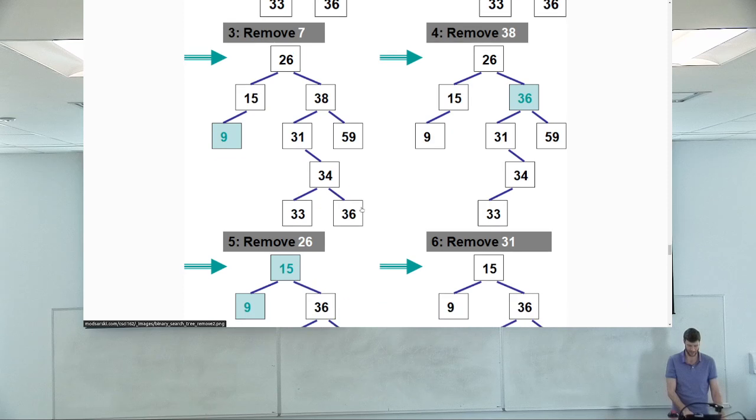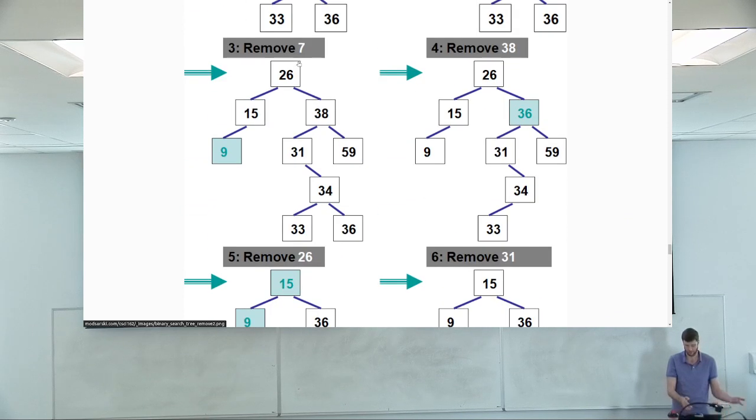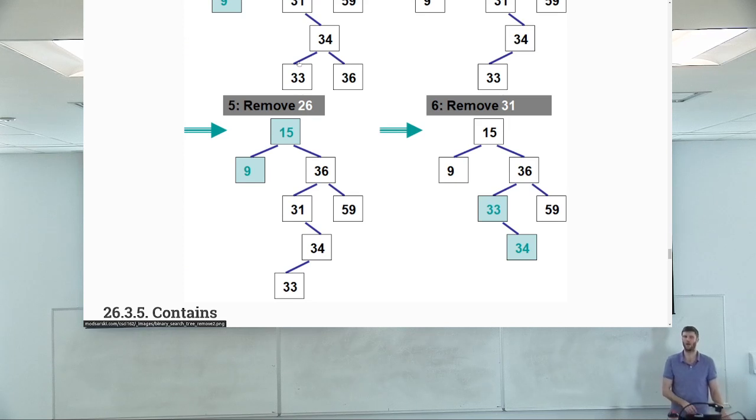Remove 26, that's the root. I replaced it with the 15, the predecessor. So in this example, I was doing it with the predecessor. And it looks like it would be fine to go with the left or right, but it just feels nice to go to the right if that's where you're putting the duplicates, because it could be replaced with the same value. So when you're removing 26, you could go with either side.